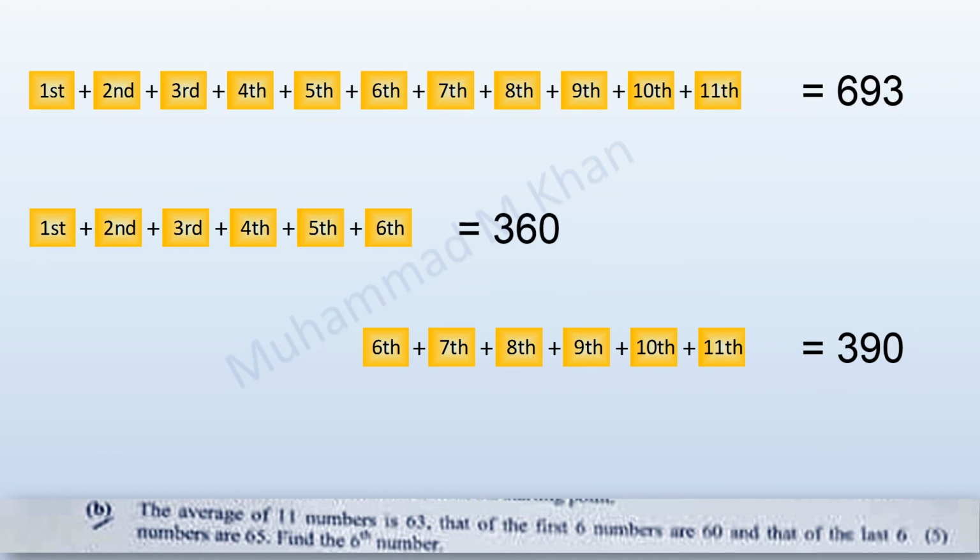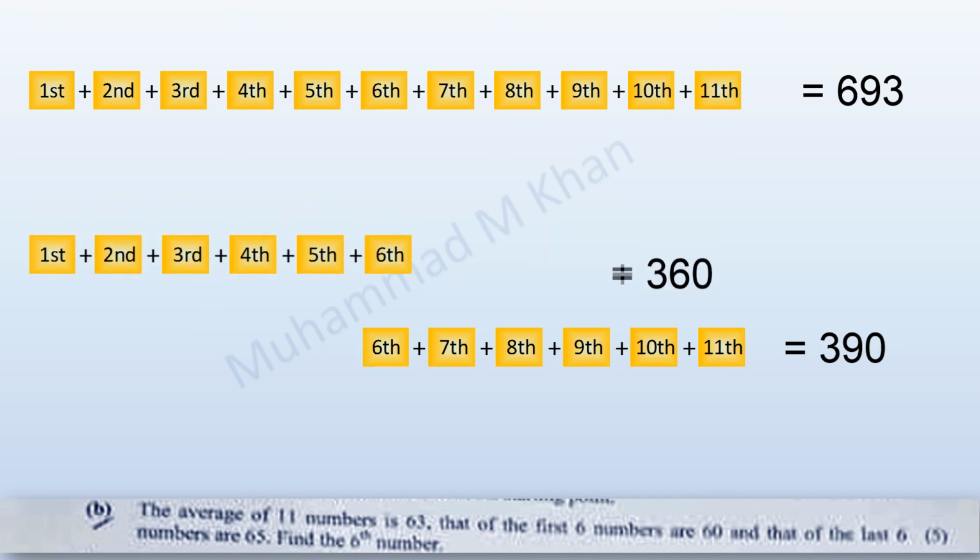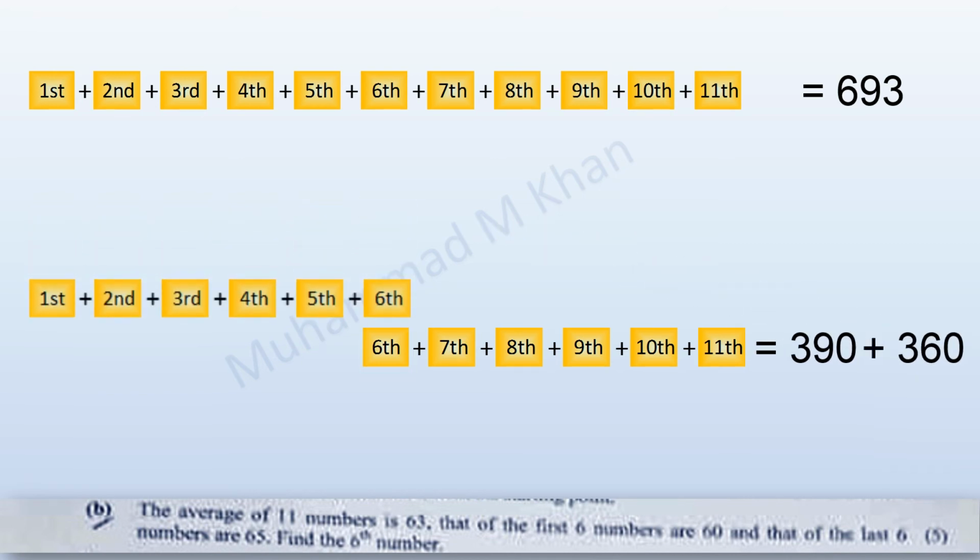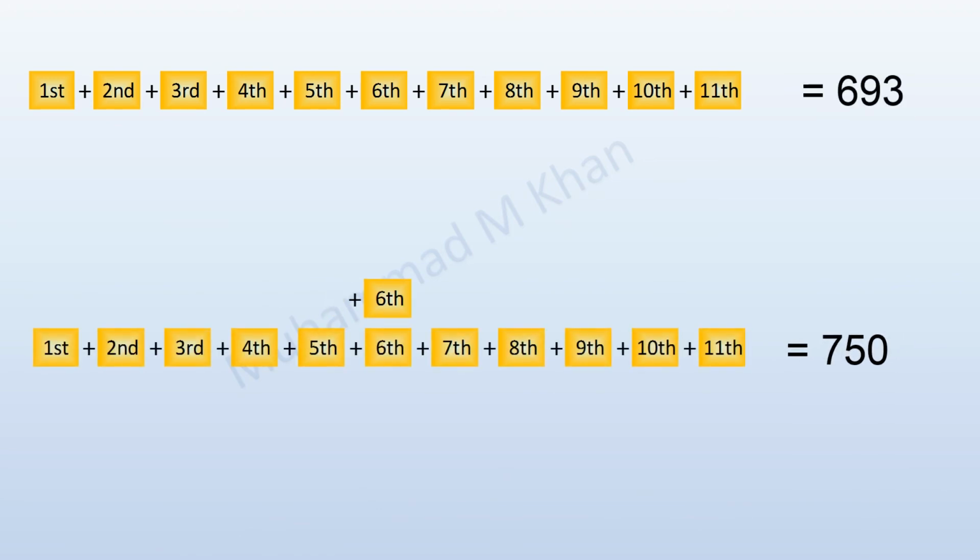First one, that the sum of 11 numbers is 693, the sum of the first 6 is 360, the sum of the last 6 is 390. But it is worth mentioning here that the 6th number is present in both the second and third equations. It means that the sum of the first to 11th plus the 6th number one more time is equal to 750.